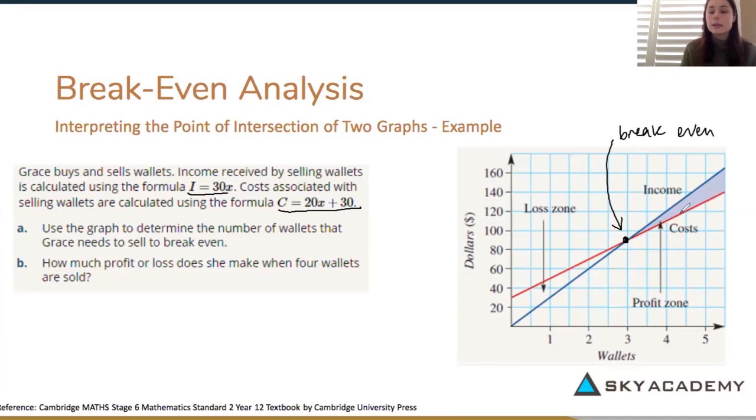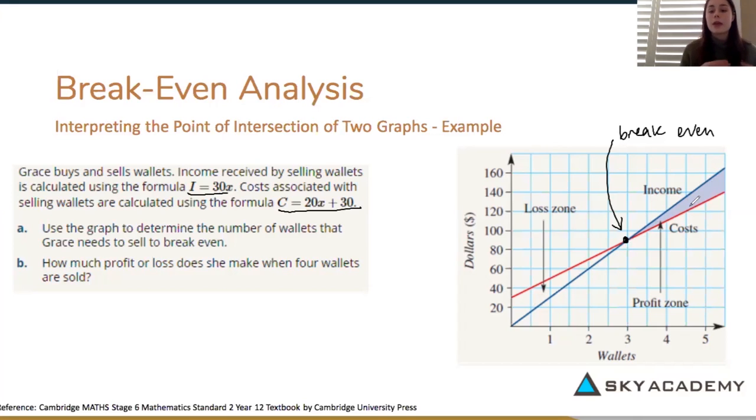When our cost, the red line, is greater than the blue line, we lose money because it costs more than you're making. So that's called the loss zone. When your income is greater than your cost, you're making money, so it's called the profit zone. Where the break-even point is, the income and the costs are the same, and after that point, you will start making money.